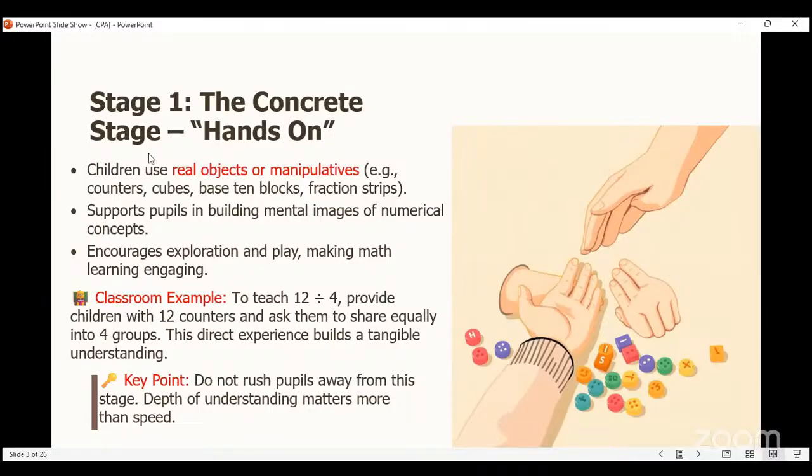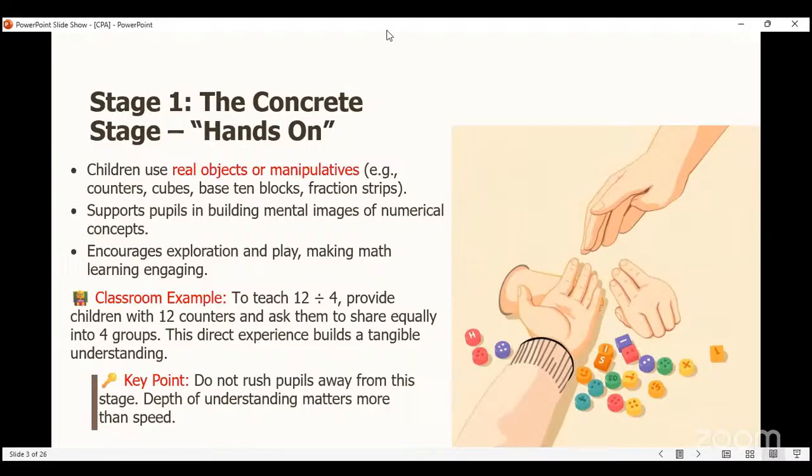All right, moving on to stage one, the concrete stage, which is the hands-on. At the concrete stage, children use real objects or manipulatives: cubes, counters, base 10 blocks, fraction strips, and so on.